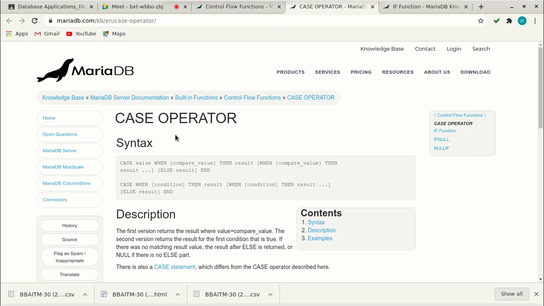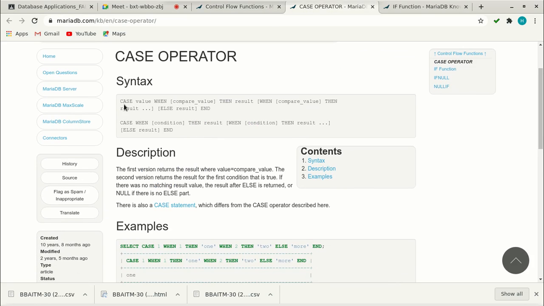Now, case is an operator, and it works like this. You write the case keyword, you give a value, and then you give different criteria. So basically it means that when the value is equal to this value, then output this result.